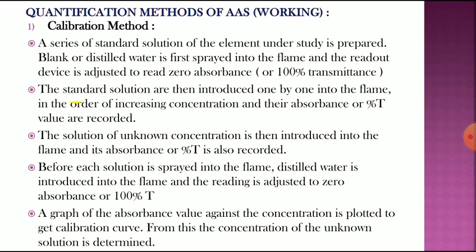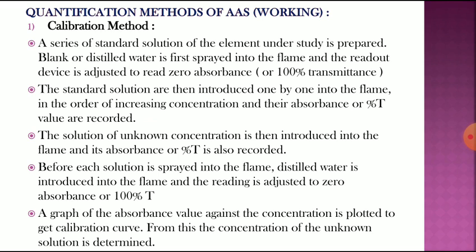Then the standard solutions are introduced one by one into the flame in the order of increasing concentration, and their absorbance or percent transmittance values are recorded. That means we have to put our standard solutions one by one into the flame in increasing order of concentration.